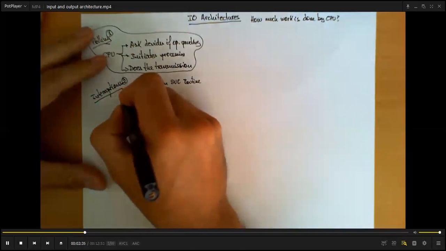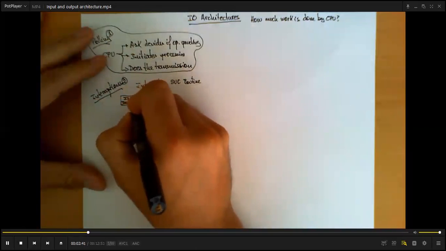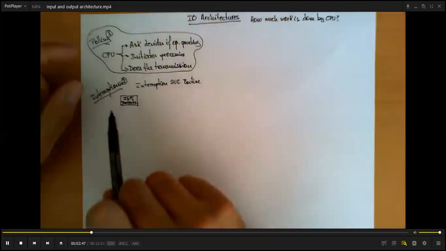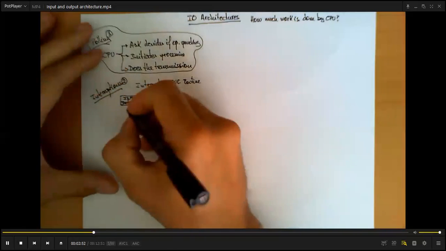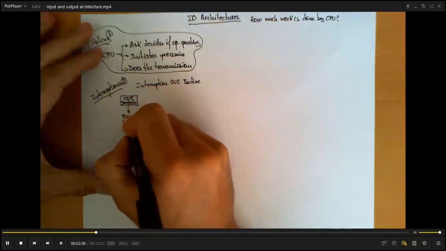Now the first step that occurs here is that the interruption is detected. In other words, the CPU detects that there is one device that requires its attention immediately. Now the fact that the CPU is going to stop doing what it's doing right now and start executing this interruption service routine requires first to save the context of execution.